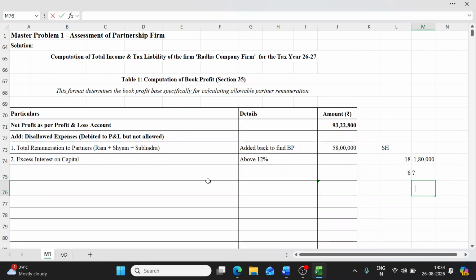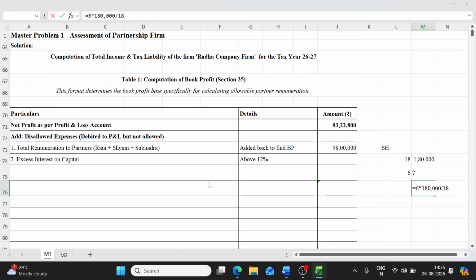To find the portion corresponding to 6%, we do the cross multiplication: multiply 6 by 1,80,000, then divide it by the total interest rate, that is 18%.